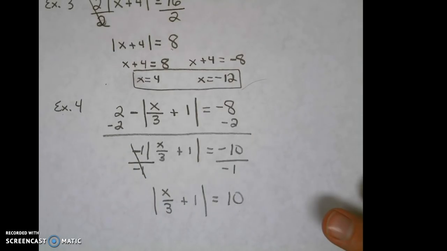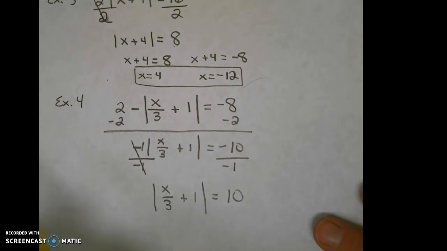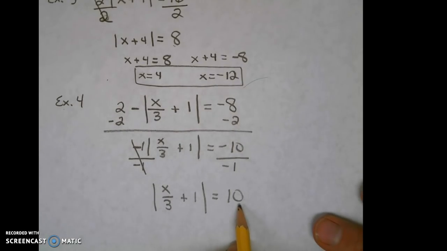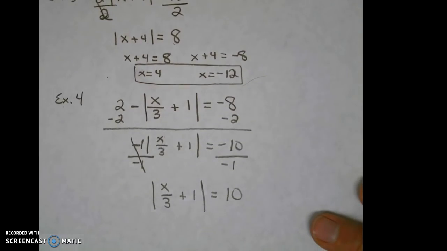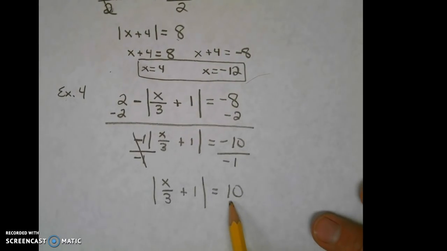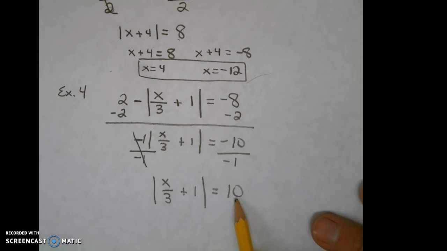Now, something to keep in mind. If you ever get down to absolute value equals a negative number, then there is no solution. Because you can't have a negative distance from 0. So we're looking for 2 numbers that are 10 units from 0.